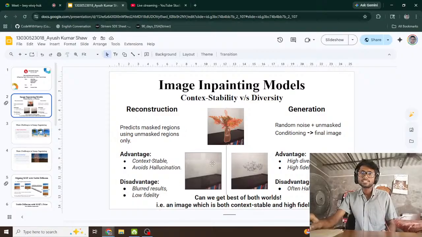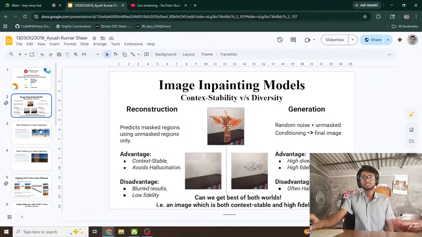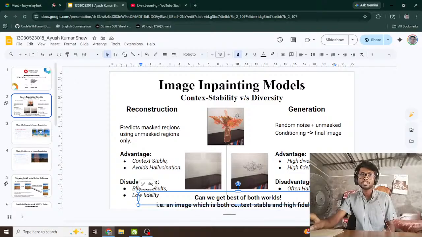The disadvantage is that they produce blurred results, like we can see in this picture, with some pixelated predictions, and they have low fidelity. Fidelity refers to the precision with which a model retains the actual context of the actual image.